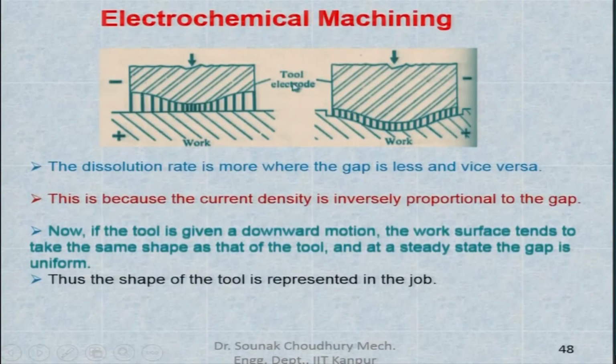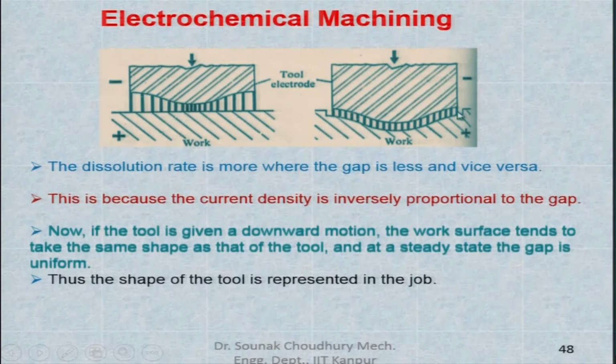Now, here the electrochemical machining is schematically shown. This is the tool, which is the cathode, and the workpiece is the anode. When the gap between the tool and the workpiece is maintained at a proper level, which is the standoff distance, then as you can see the workpiece is being removed.